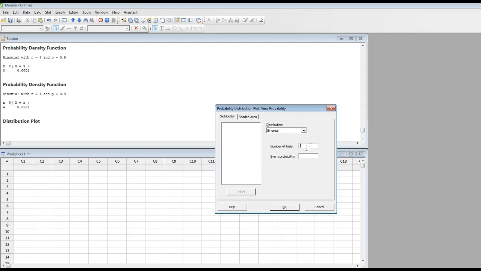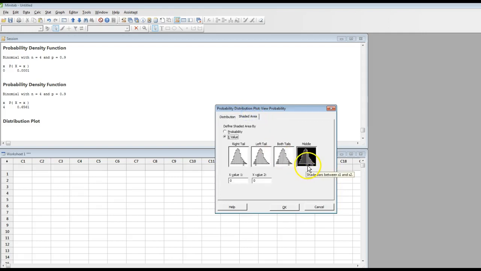The number of trials is going to be 4, and the event probability of success is 0.9. Now we're going to go to the shaded area. I'm still looking for an exact, constant value, so I'm going to choose the middle for the shaded area. Also, you need to make sure that x value is the one being chosen here. And as a result, we're going to put 4, 4. And here we go, we're going to choose.